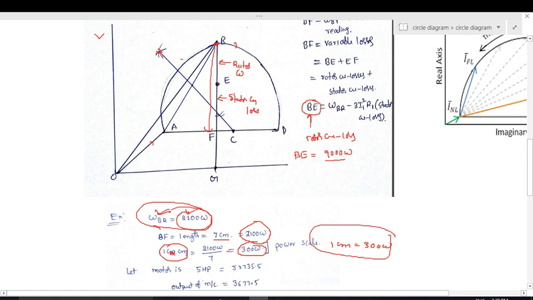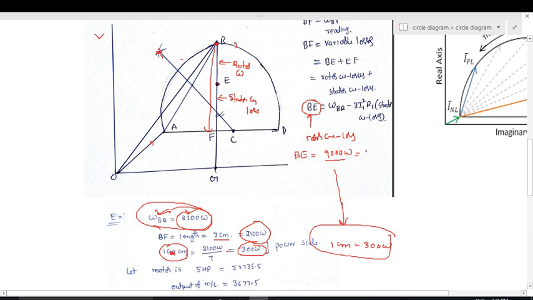This is the power scale which we have: 1 centimeter is equal to 300 watts. So for example, I took out 900 watts from this.